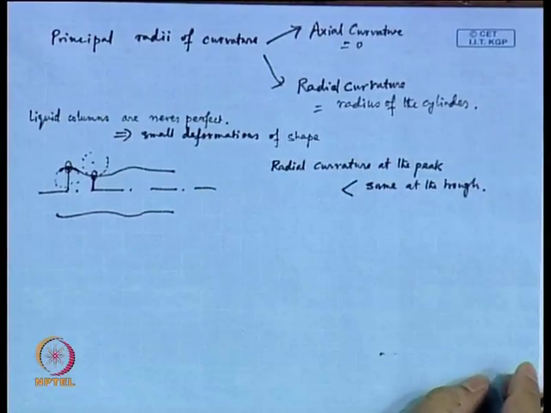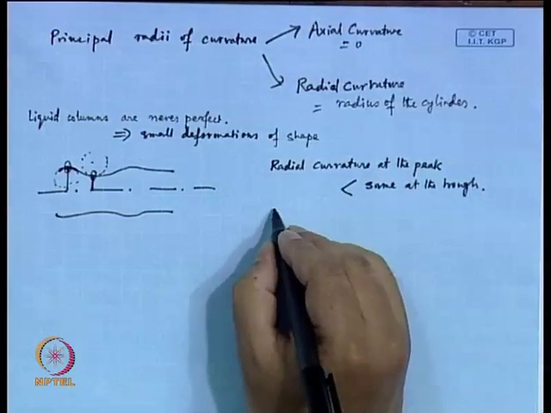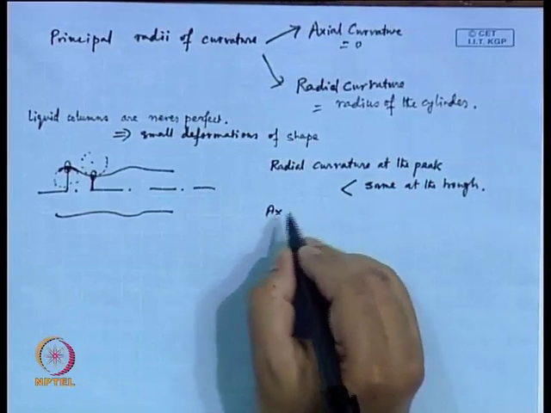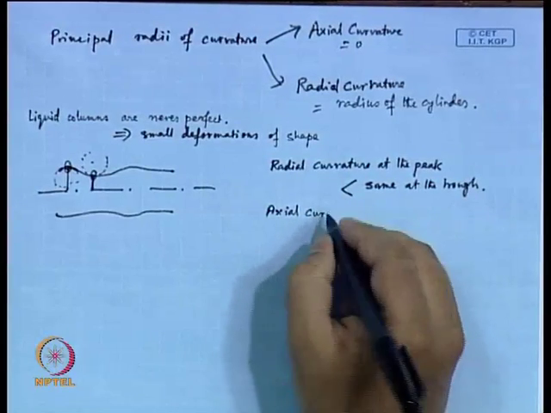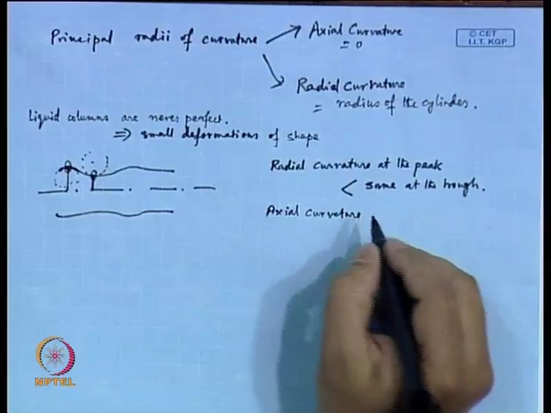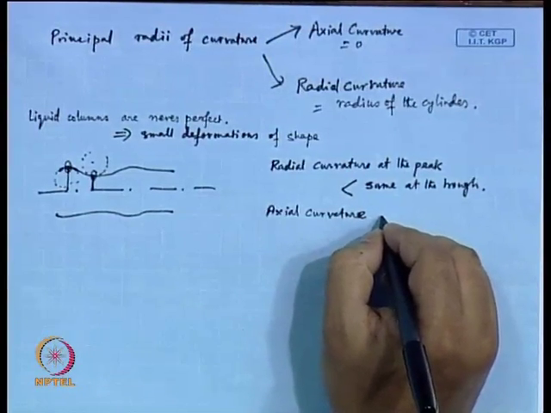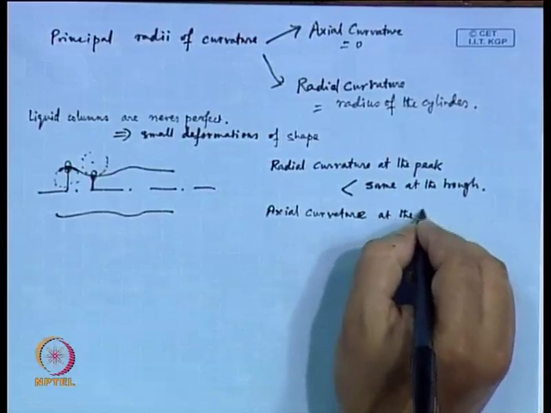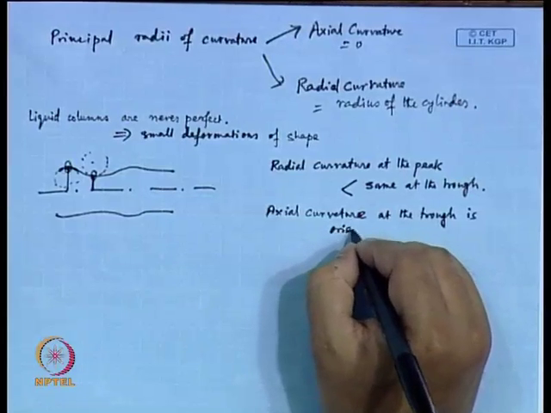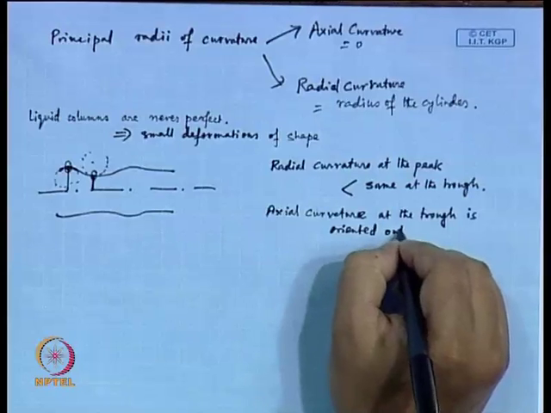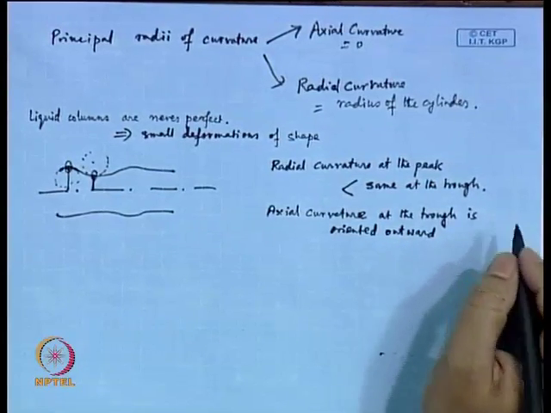So, you will find that the axial curvature at the trough is oriented outward.